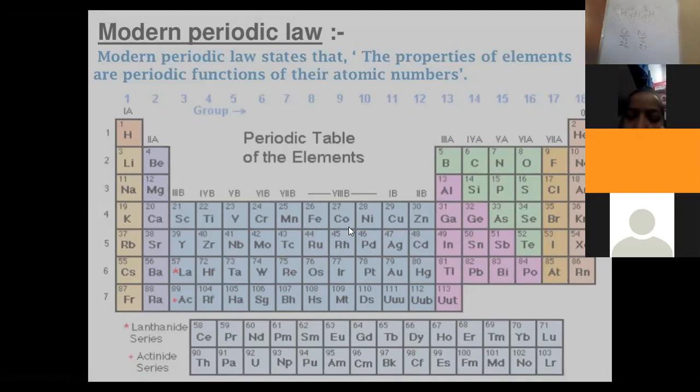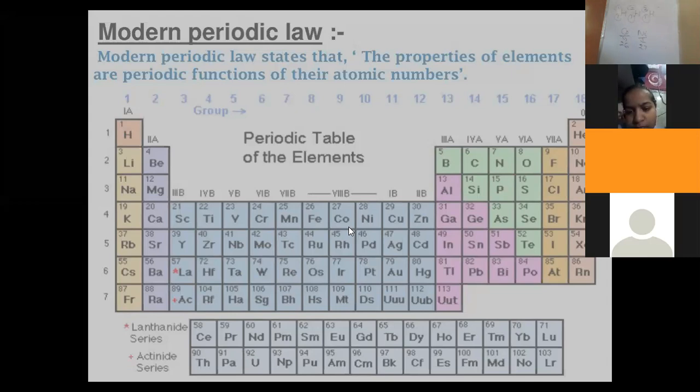So naturally, this anomaly of Mendeleev has also been removed. Why? Because our modern periodic table is based on atomic number, so we place cobalt first, nickel later on. So all the anomalies of the Mendeleevian periodic table were removed in the modern periodic table, right?